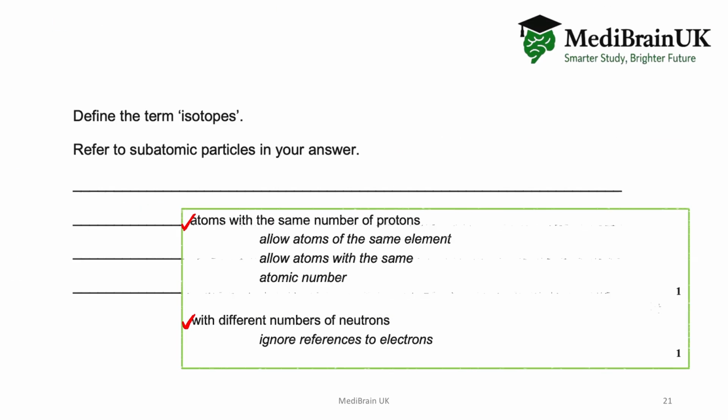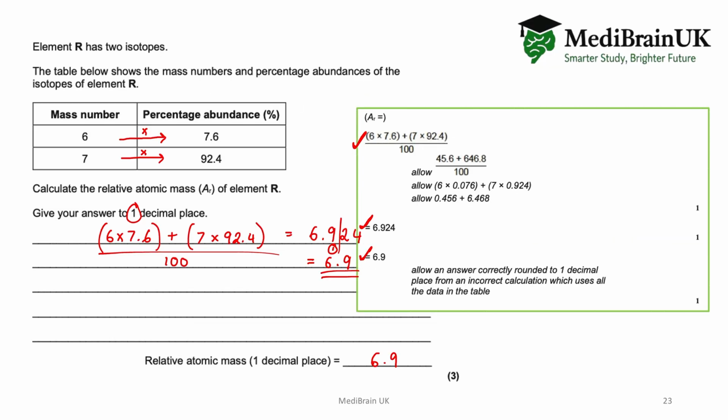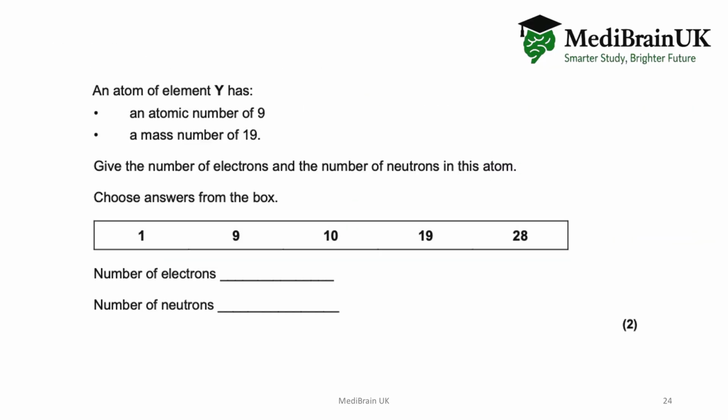We've looked at 4 questions so far, and as you can see, there's a lot of repetition between the calculation questions. Over here, it says an atom of element Y has an atomic number of 9 and a mass number of 19. Give the number of electrons and the number of neutrons in this atom, choosing your answers from the box. Remember, the atomic number is the bottom number and the mass number is the top number.